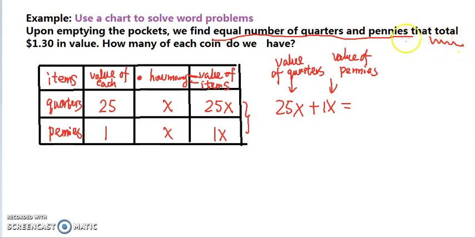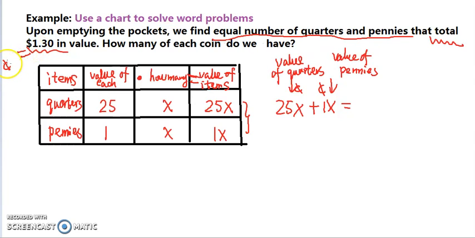The problem tells us the quarters and the pennies total $1.30. Notice that 25 in the equation means 25 cents, and 1 is also in cents. So $1.30 doesn't have the matching unit. First we want to convert $1.30 into cents.